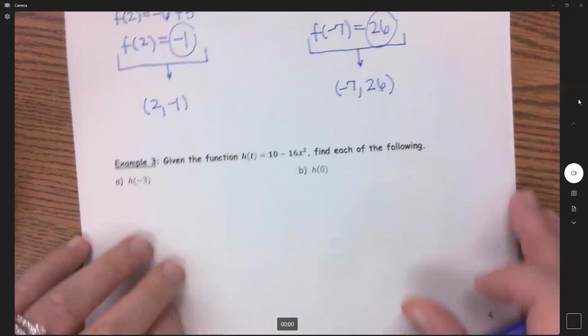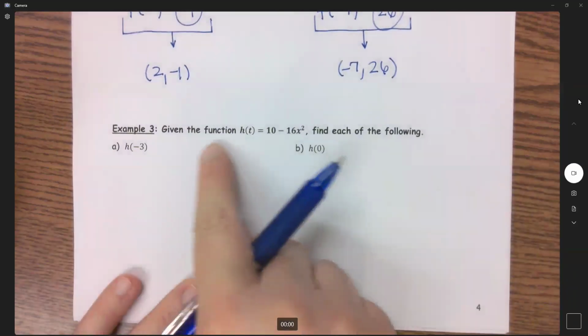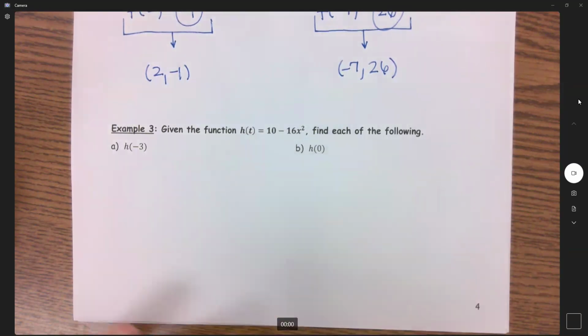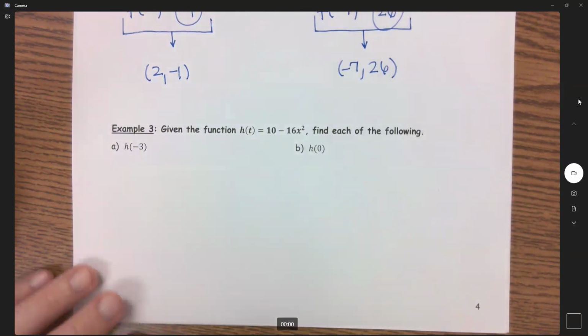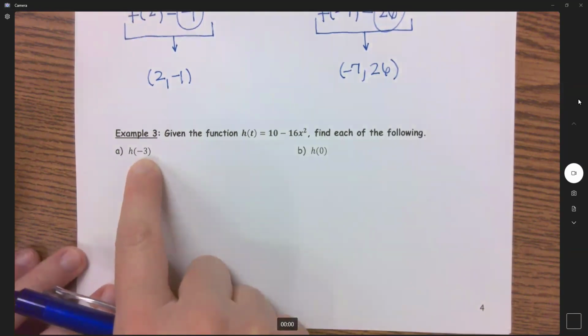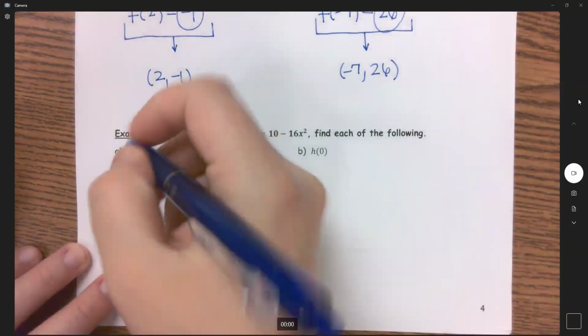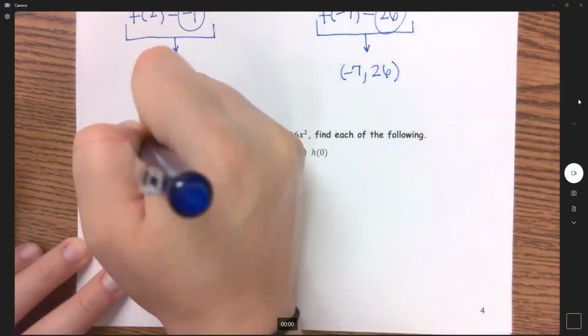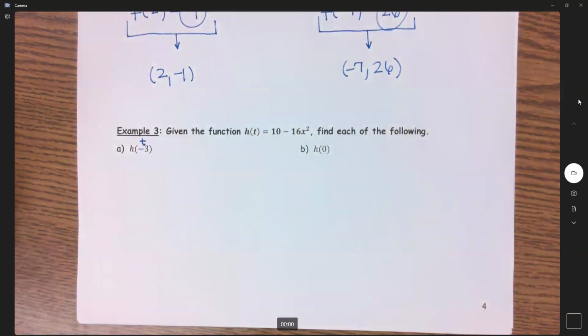Okay, example 3. It's the exact same thing, it's just that now my function changed. So given the function h of t equals 10 minus 16t squared, find each of the following. So now we have h of negative 3. Because this is h of t, this right here is my value for t.